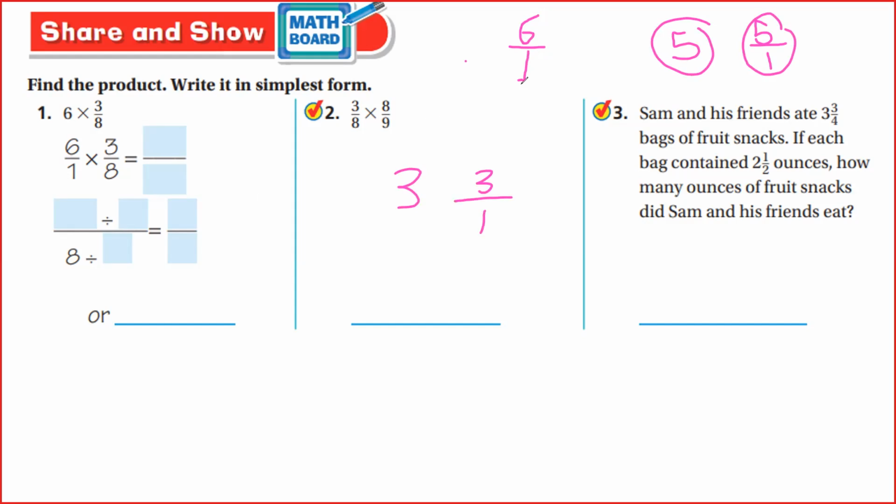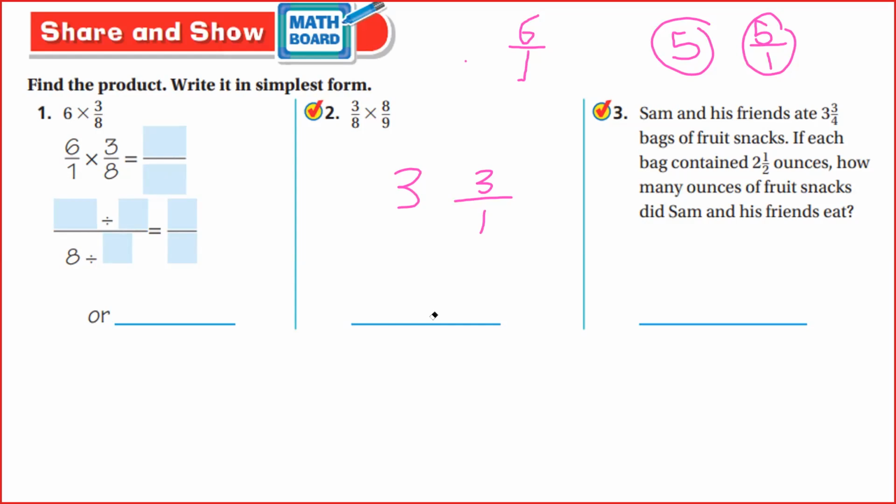So in order to multiply fractions, either you have a whole number, write it as a fraction, or you have a mixed number, write it as a fraction. Anything, you have to convert it to a fraction in order to multiply. So 6 here, write it as 6 over 1.